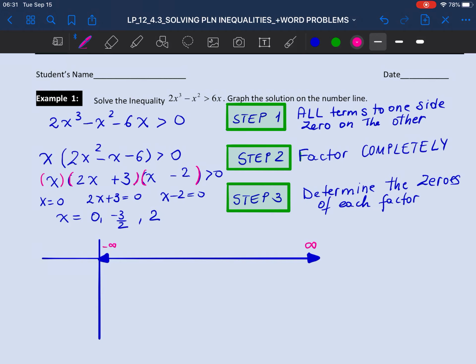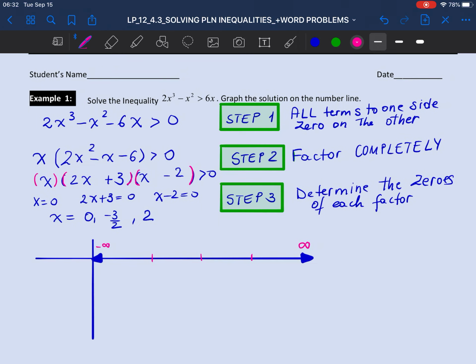Now on the number line, we want to place the 3 zeros of this inequality. Remember that you have 3 zeros, and what you want to do is divide the number line into equal parts and place the zeros in order. So the number line, in other words, this one here, is not to scale. So what that means is we're going to start with negative 3 over 2, and here goes 0, and here goes number 2.